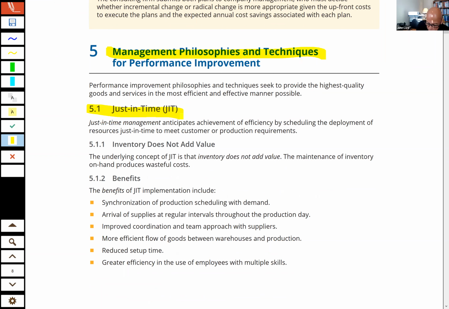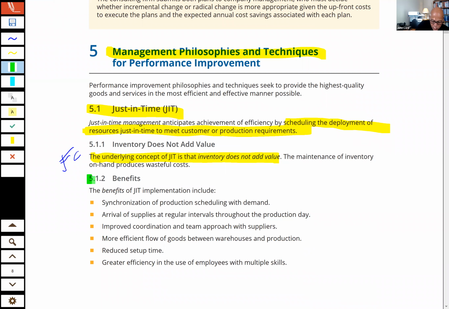Okay, so just in time schedules the development of resources just in time to meet customer or production requirements. The underlying concept of just in time is that inventory does not add value. And so we want to have a product or a service just in time, okay, to meet our customers' needs.